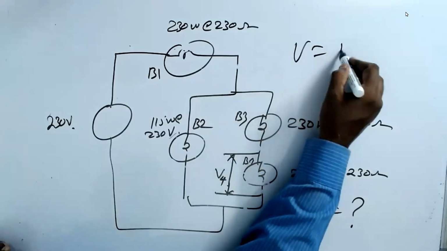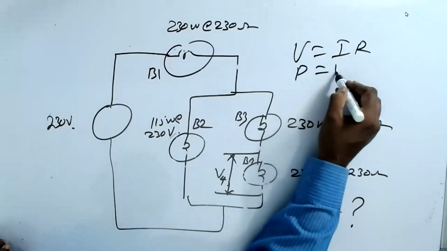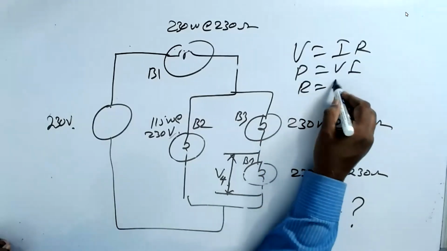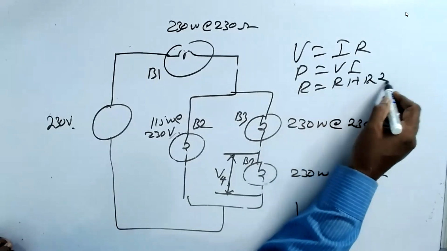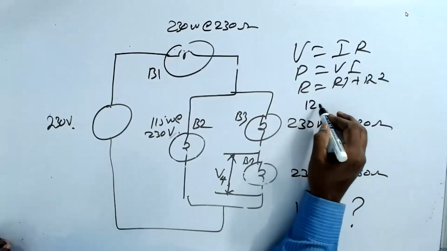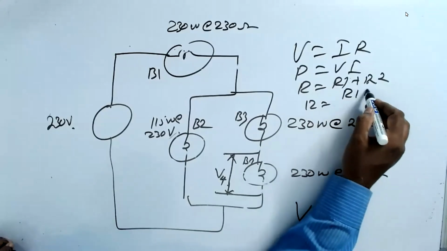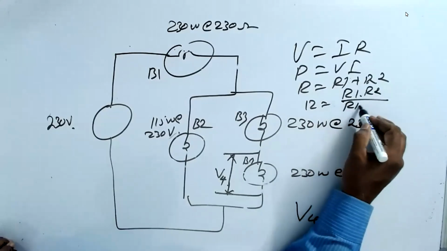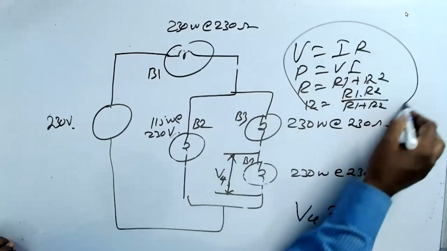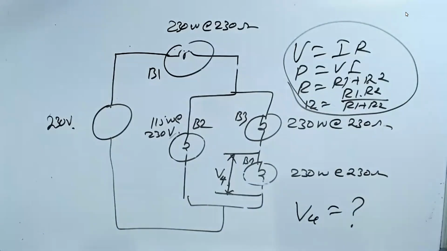V is equal to IR, P is equal to VI, R is equal to R1 plus R2, R is equal to R1 R2 divided by R1 plus R2. That's it. So let me know what is V4. Normally the worst case time for this type of problem is 10 seconds.